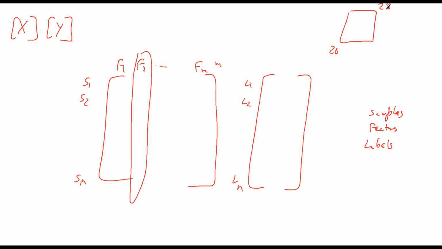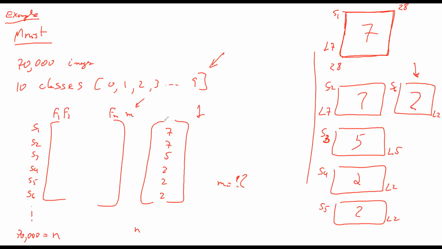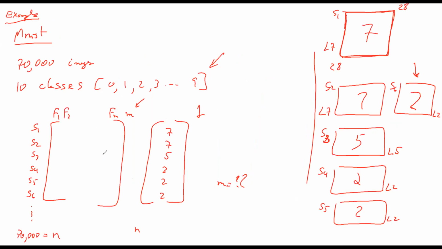Yes. All right, so this is the important thing, right? Understand, M is 784. That means you have 784 features, which means as far as the data set here, you have 784 columns, right?